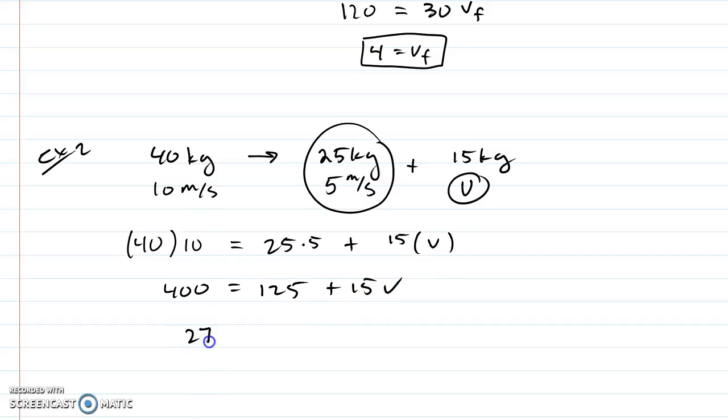This is 275 if we subtract, equals 15v, so I divide by 15, and that's going to be my velocity. So the other one must be going 18 meters per second. And so it can go the other way. If things break apart, most of the velocity that it used to have is ending up with the other piece of the asteroid.